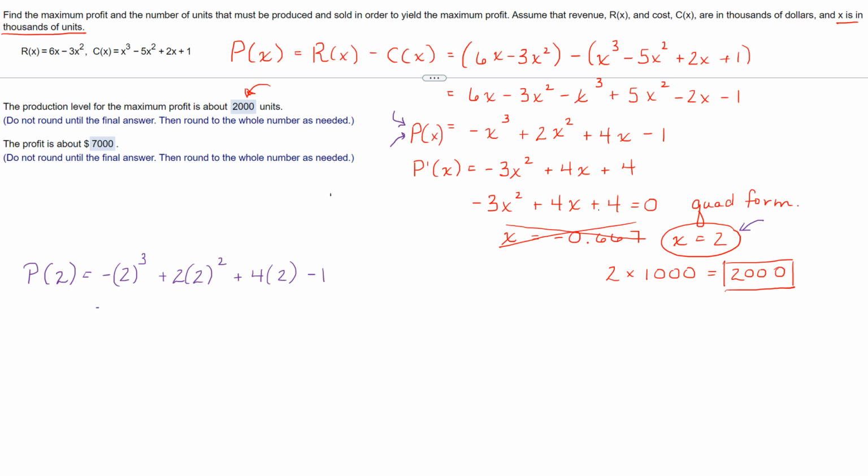And that will give us the negative 8 plus 8 plus 8 minus 1, or 7, because it's also with the thousands, and we used a 2 instead of 2,000. We're going to multiply that by 1,000, and we get that our profit is 7,000.